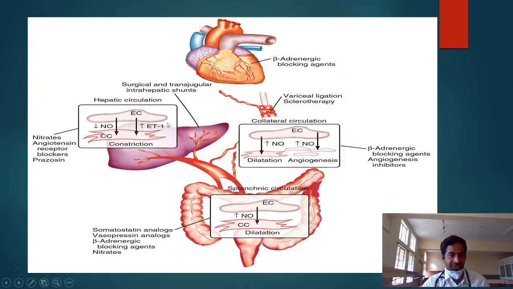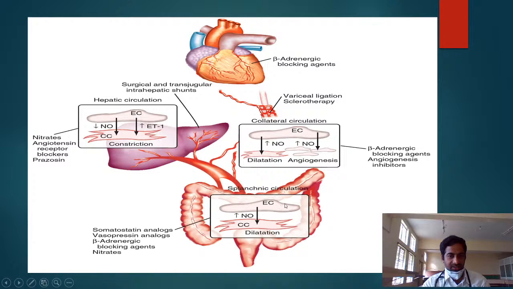This is in collateral circulation, and this is in hepatic circulation. In the hepatic circulation there is always constriction. To decrease this constriction, give nitrates and ARBs as well as alpha blockers like prazosin. Also you can go for shunts, surgical and transjugular intrahepatic portosystemic shunt, which you call TIPS.